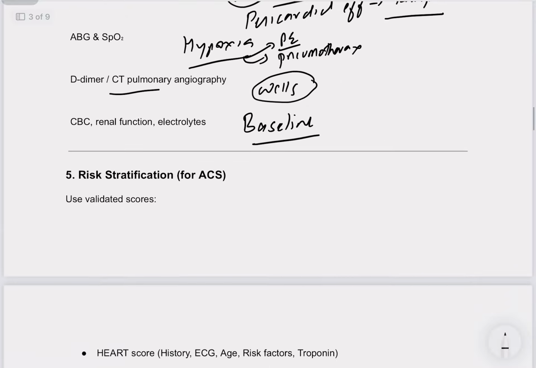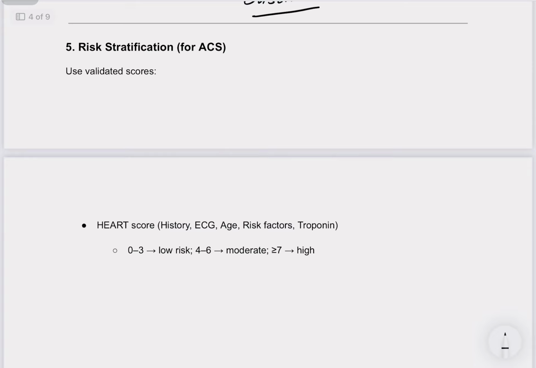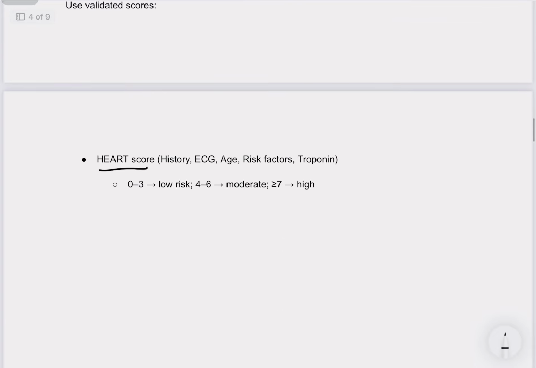Risk stratification can be done for ACS using the HEART score or GRACE score. These are the two scores which will help us to decide whether we can discharge the patient or we have to admit that patient. If the HEART score is 0 to 3, it's low risk, we can discharge the patient.